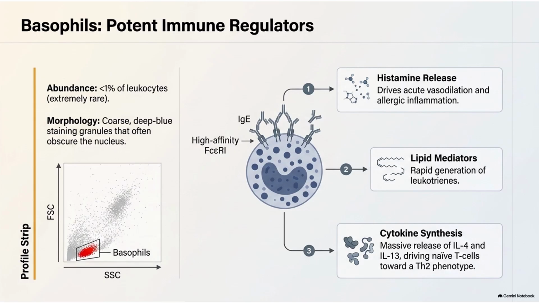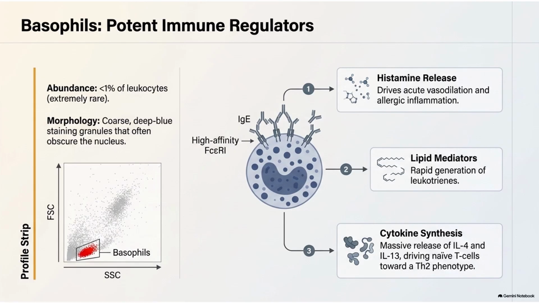Basophils contain prominent cytoplasmic granules, and those granules can be so dark with routine staining that they partially obscure the nucleus. Functionally, basophils are particularly associated with type 2 immune responses and express high affinity receptors for IgE called Fc epsilon RI receptors.